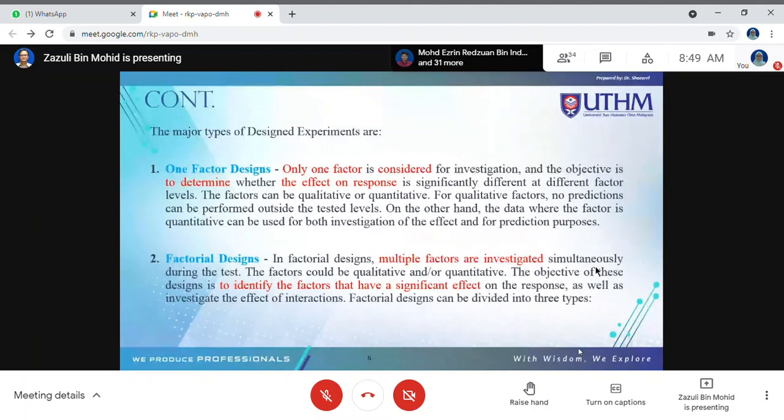So maybe we conduct an experiment on the speed of a car. The factors can be the diameter of the tires and the thickness of the tires. We have two factors there.